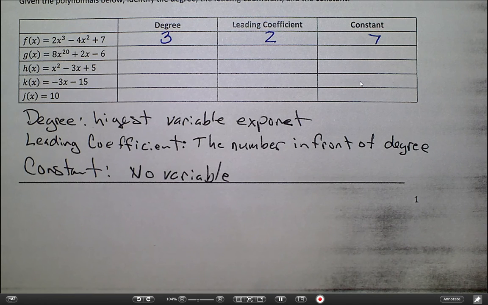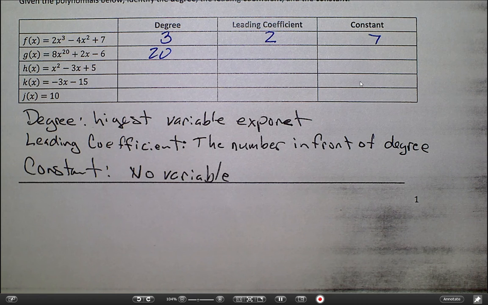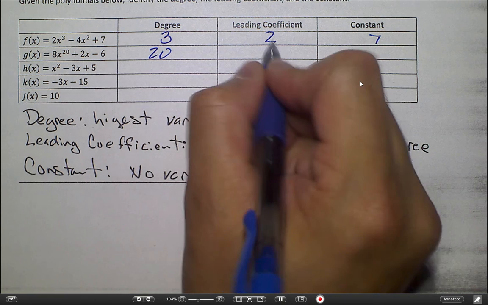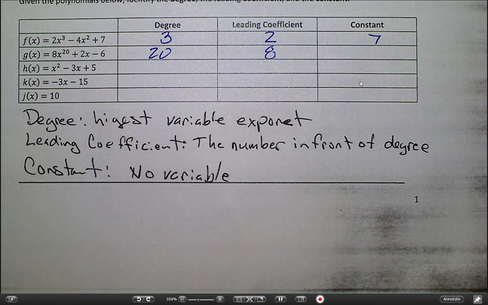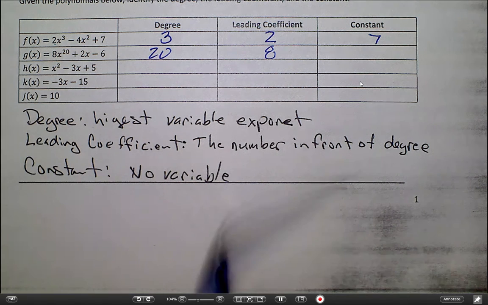Like I said, this is not meant to be tricky at all. All right, g of x. What is my degree? 20. Very good. What is the leading coefficient? 8. Not 0. Where'd 0 come from? The 2 of x, because it doesn't have anything. That's a 2. All right, what's the constant? -6, very good.